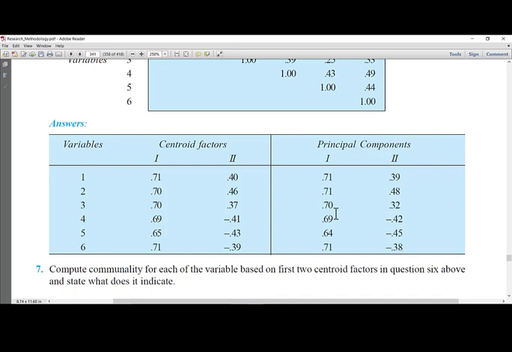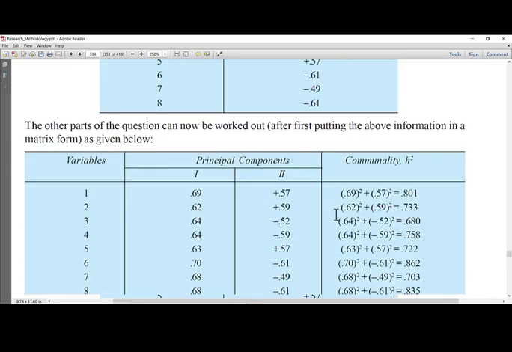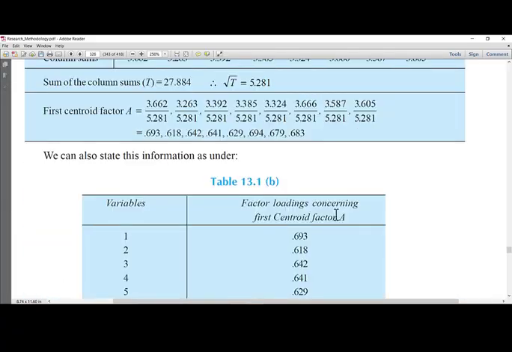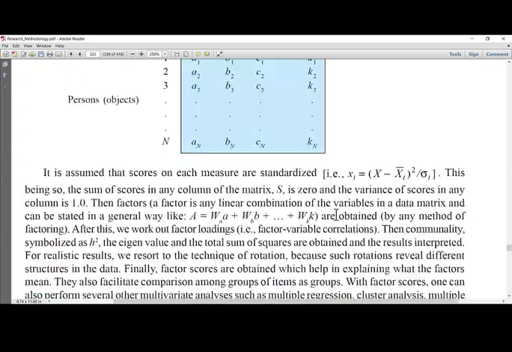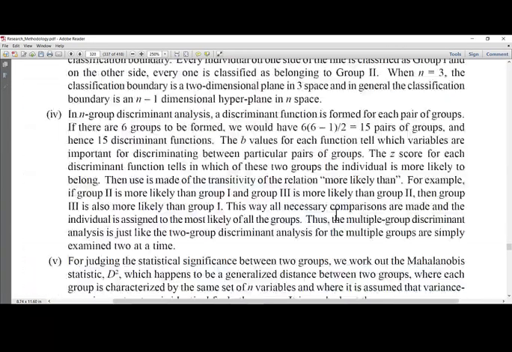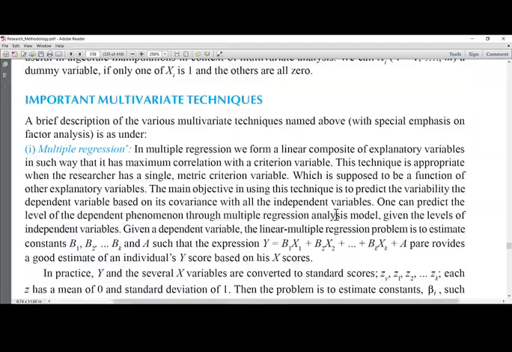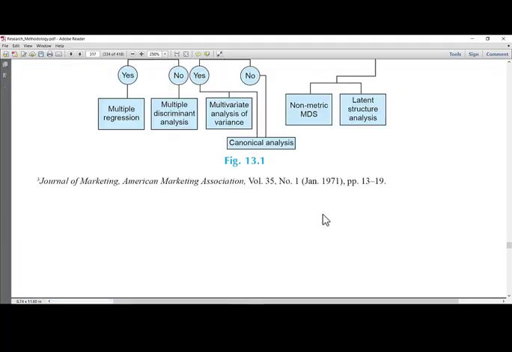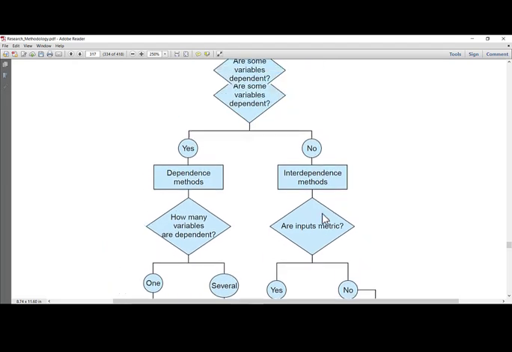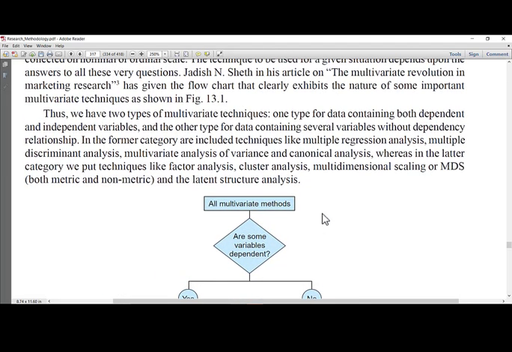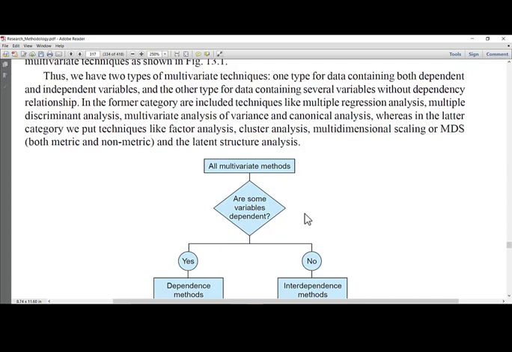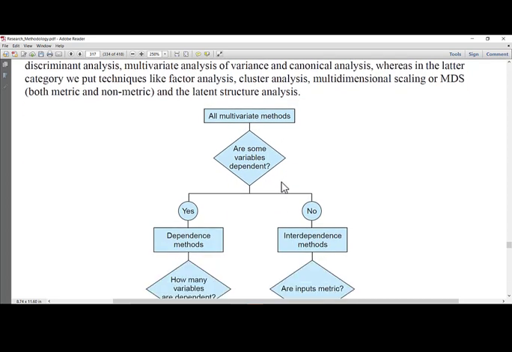And here I want to show you a chart. Here you see. All multivariate methods: are some variables dependent?